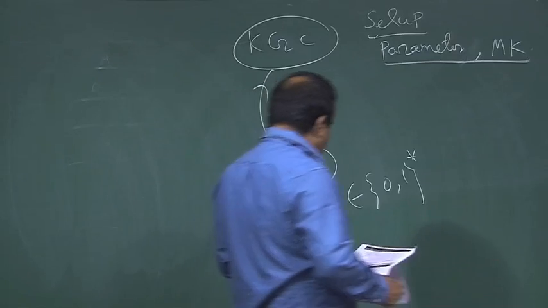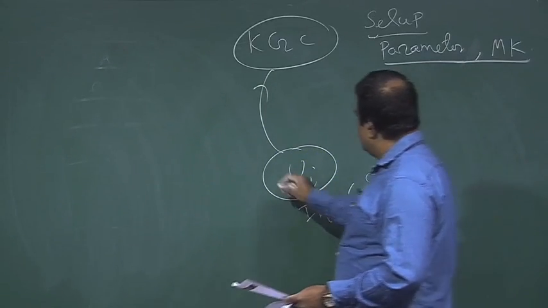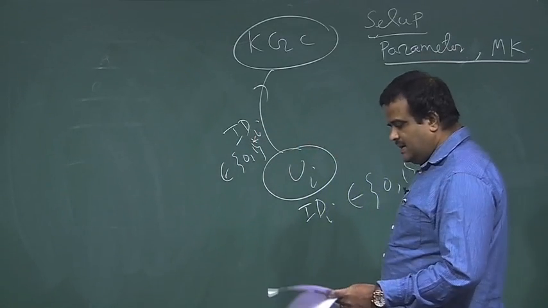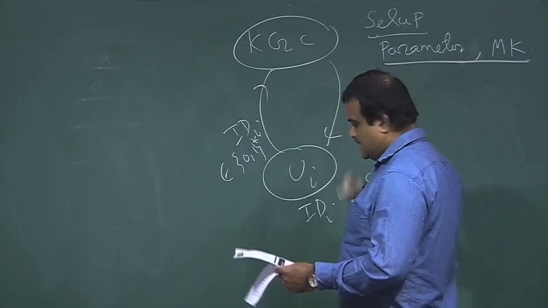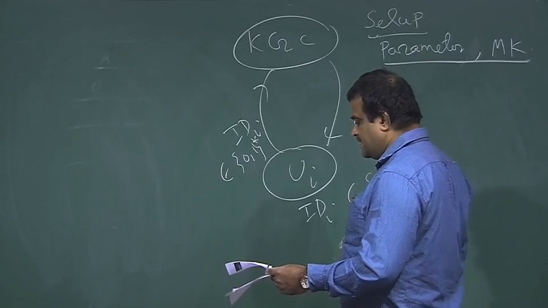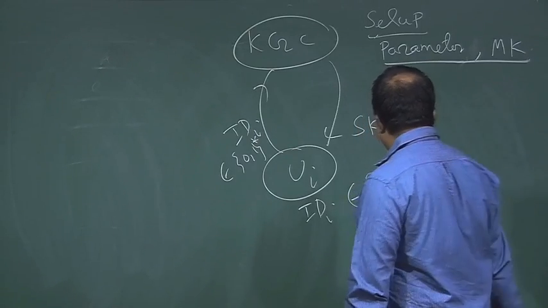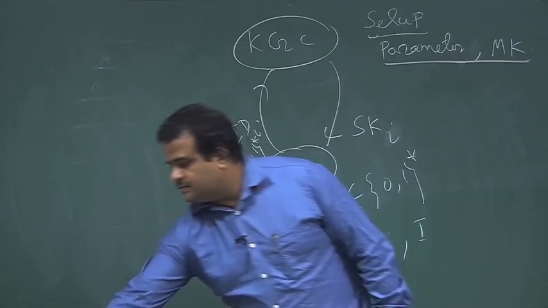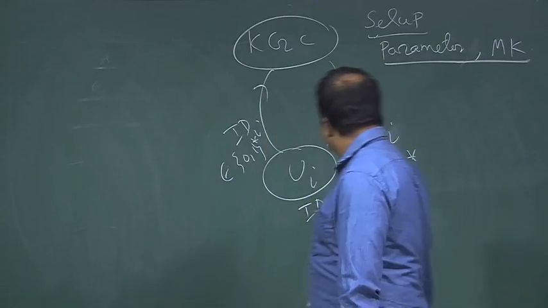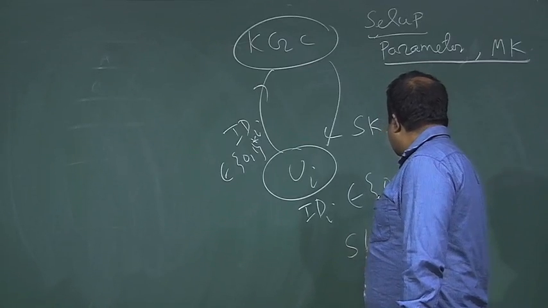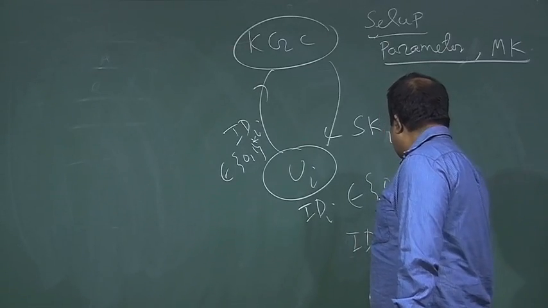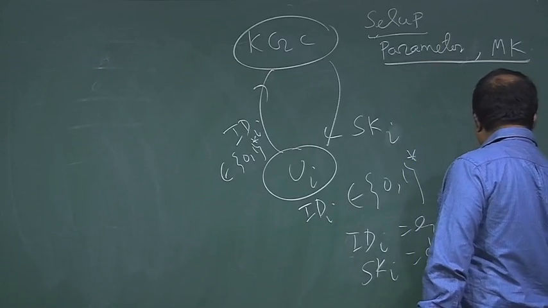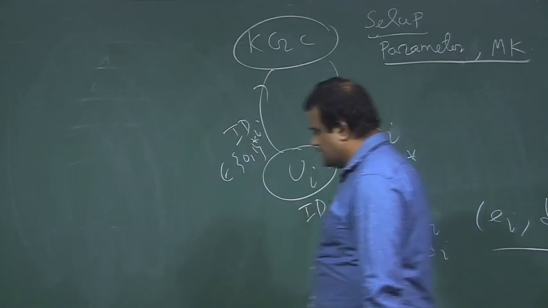So the user sends the ID, which is a 0-1 string of any length, and the center gives back the secret key of user I. This pair, the ID and SKI, is the EI and DI, the public key and secret key pair.